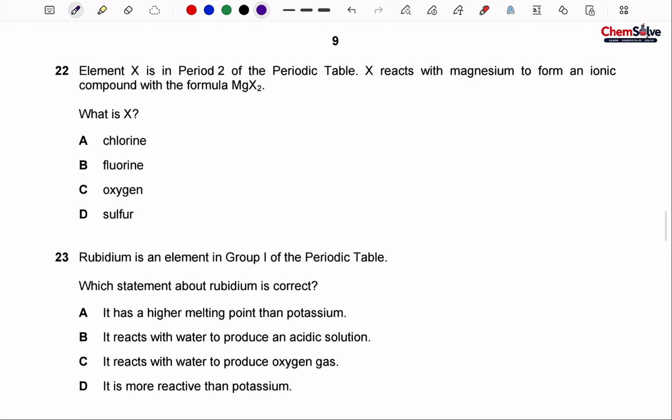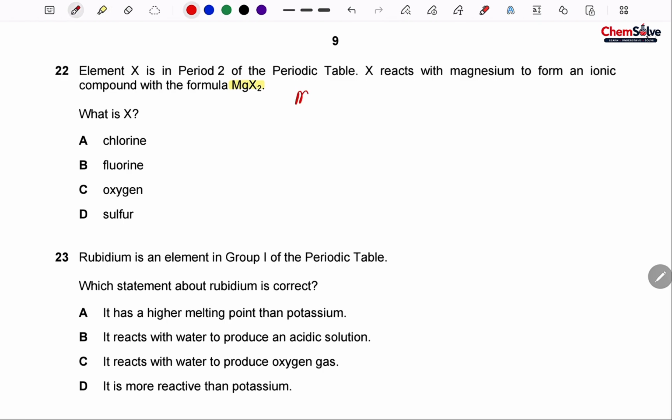Question number 22. Element X is in period 2 of the periodic table. X reacts with magnesium to form an ionic compound with the formula MgX2. Okay, if it is MgX2, how do we make the formula?